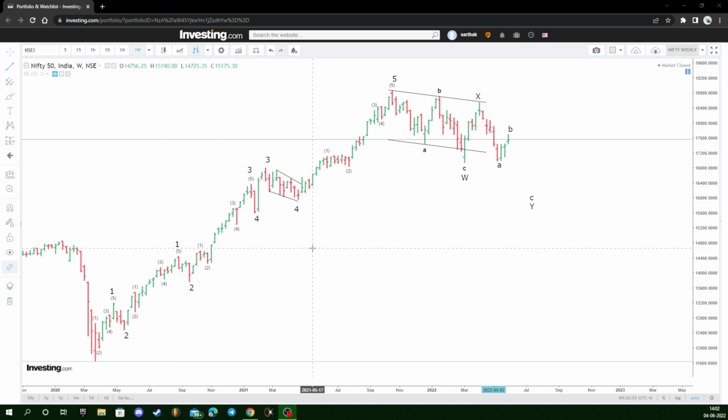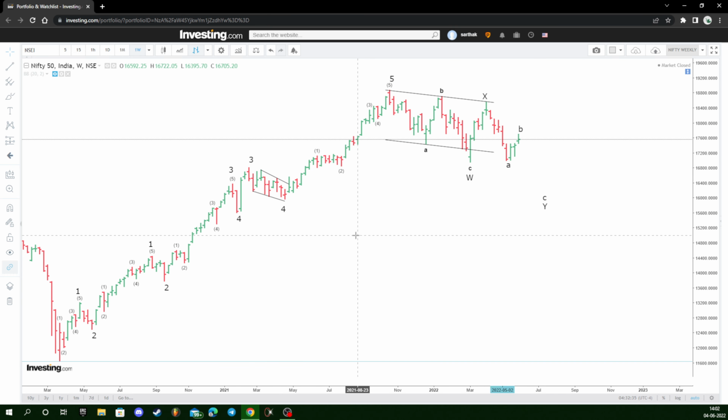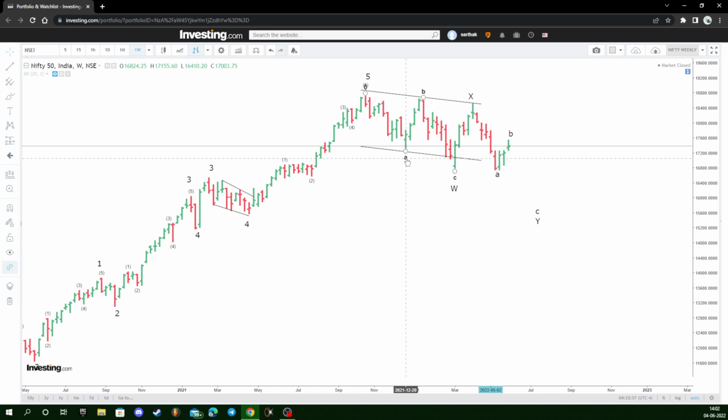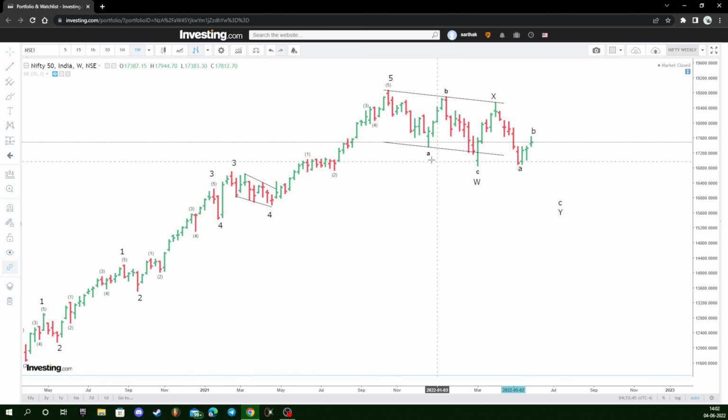So now the main question which we might have is, in what leg are we in that correction? Loosely speaking, if I plot these rises as an A B C correction, then in a very simple way I can label this A B C correction as a W wave, and this 3 wave move as an X wave.